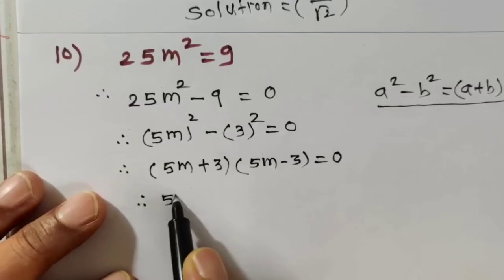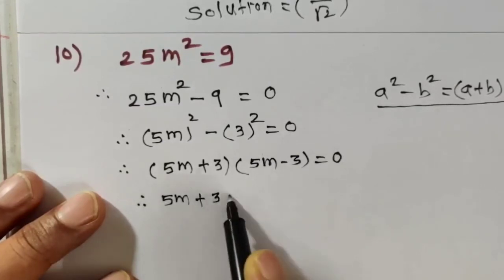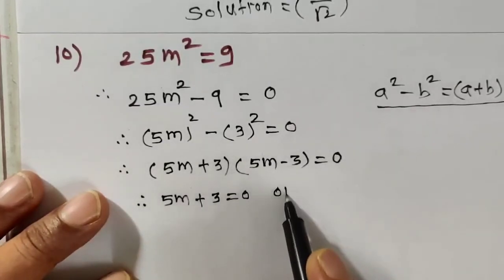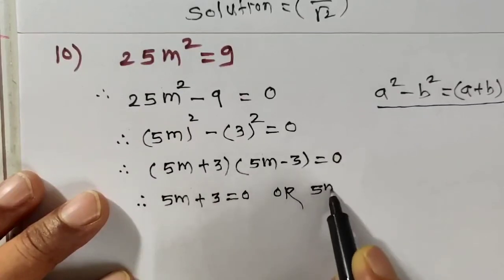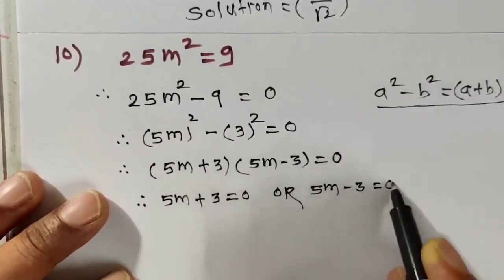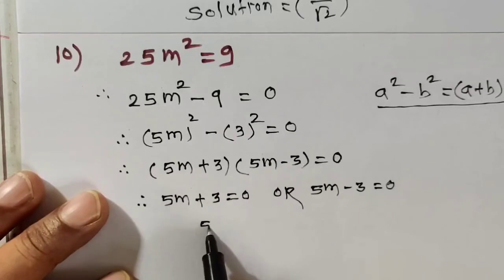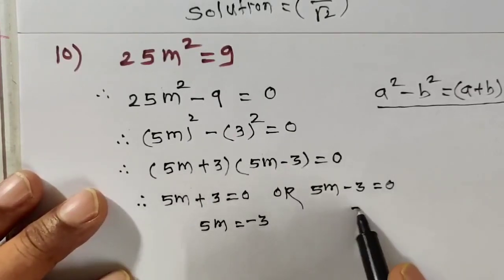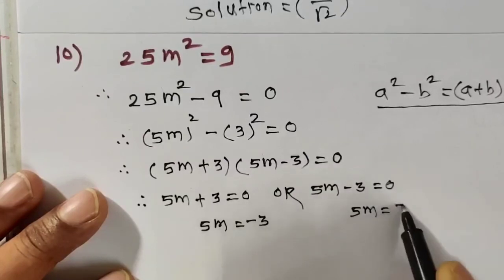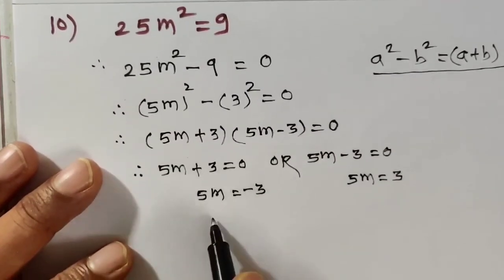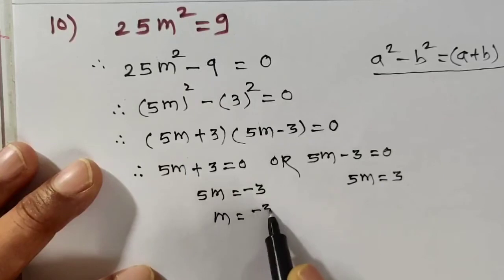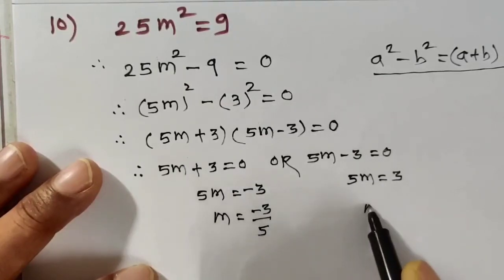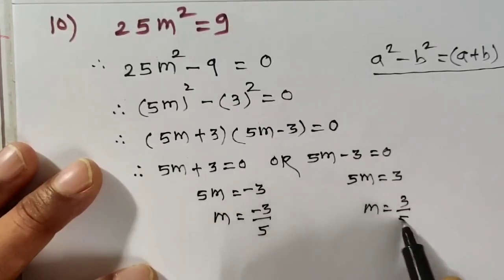Therefore either 5m plus 3 is equal to 0 or 5m minus 3 is equal to 0. Therefore 5m is equal to minus 3, and here 5m is equal to 3. So last step, m is equal to minus 3 by 5, and here m is equal to 3 by 5.